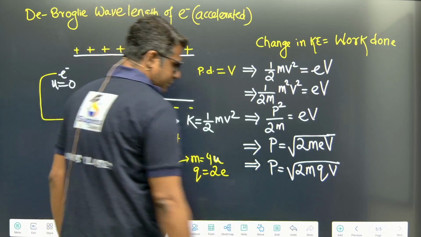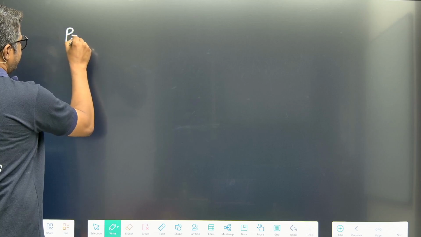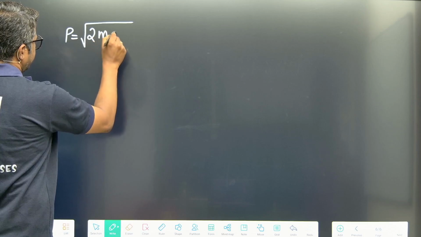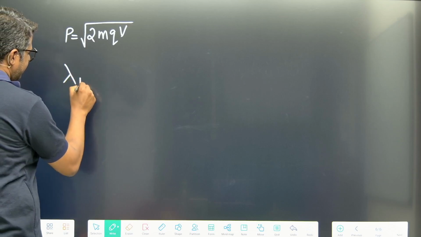We have to change the page. So what we have got right now is momentum is equal to root 2mqV. Now what is lambda de Broglie?